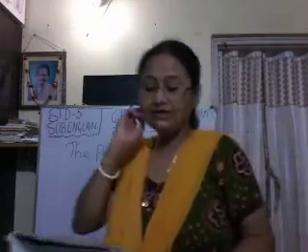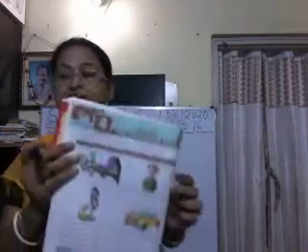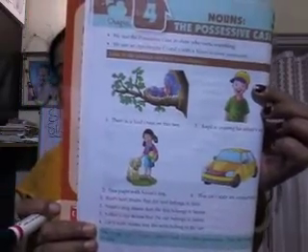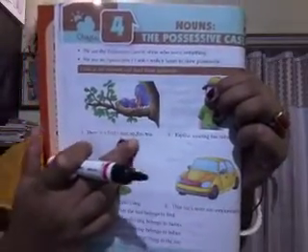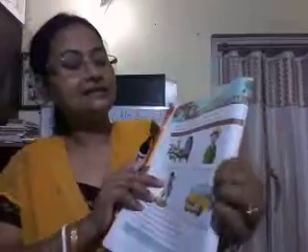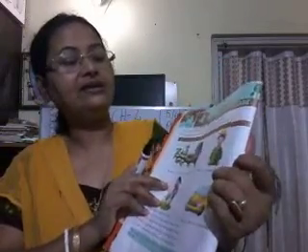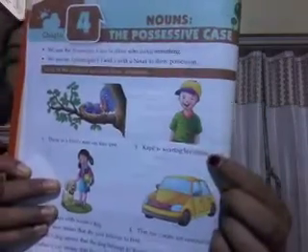Clear? Now in this book you see four pictures are given. Let me read the sentences for you. Number 1, there is a bird's nest on this tree. Second sentence is, Kapil is wearing his father's cap.